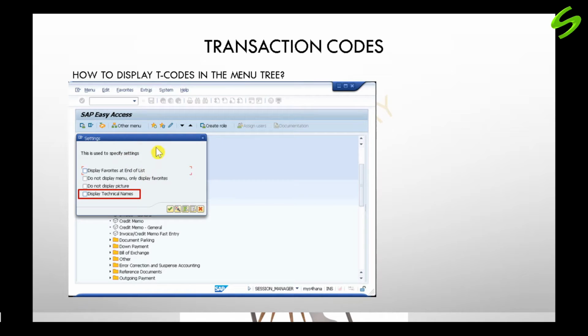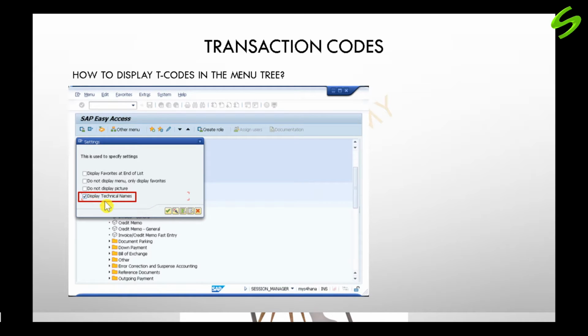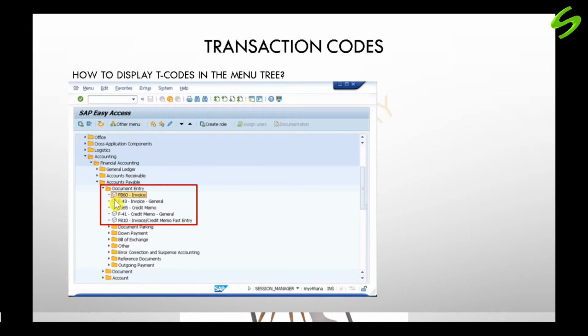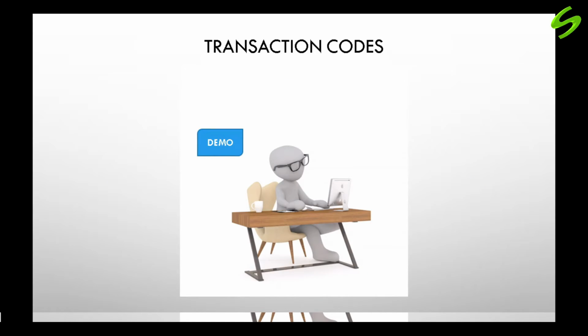It will show a pop-up window, and the last option is display technical names. You need to select that and press enter. Once we do that, the system will populate the transaction codes along with the description. Let's have a demo on this section.